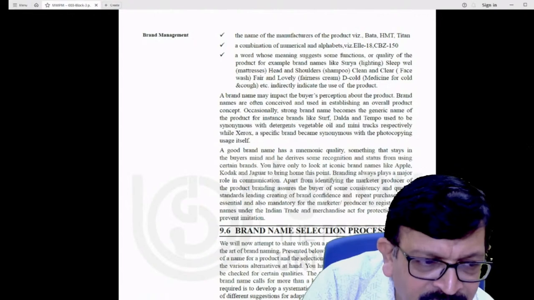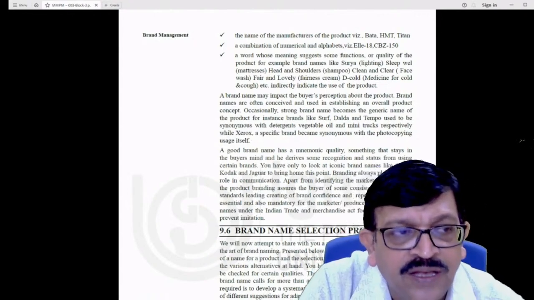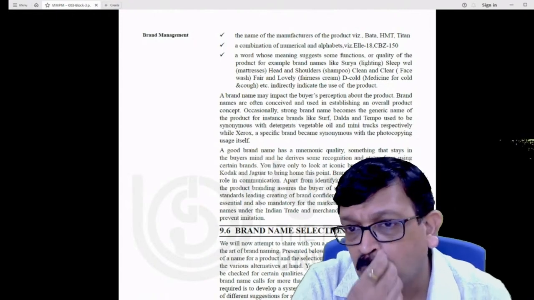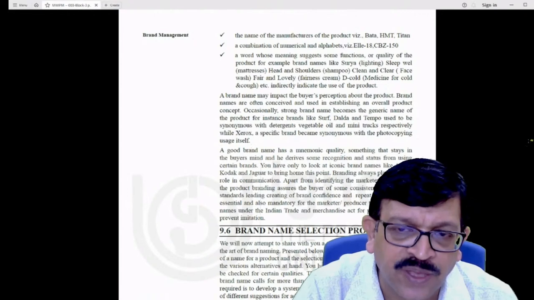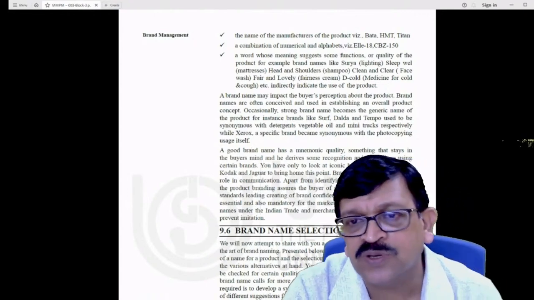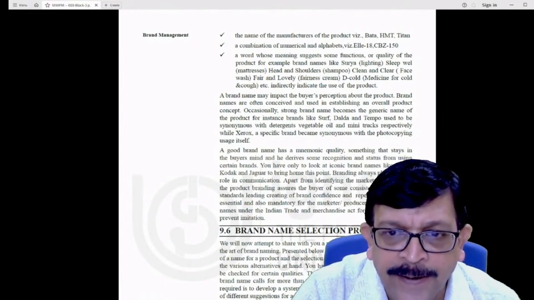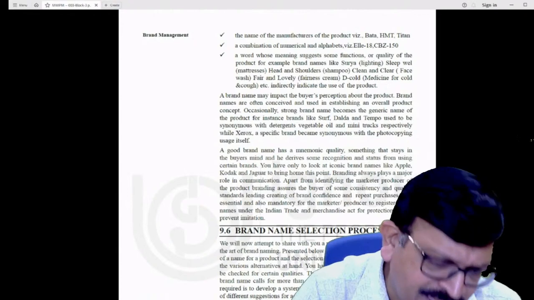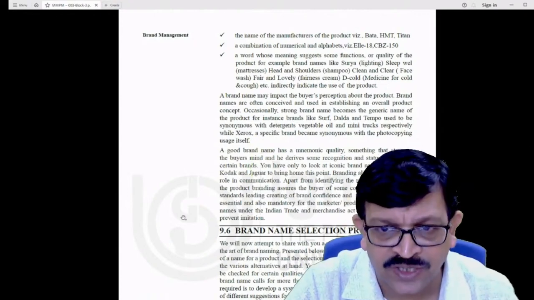Many other examples are there, like Surf, Dalda. We talk in terms of Tempo, in some of the markets, and Kodak. Kodak has also become almost synonymous as a generic name. And yes, it has certain positive rub-off, but over a period of time, it becomes difficult to manage.